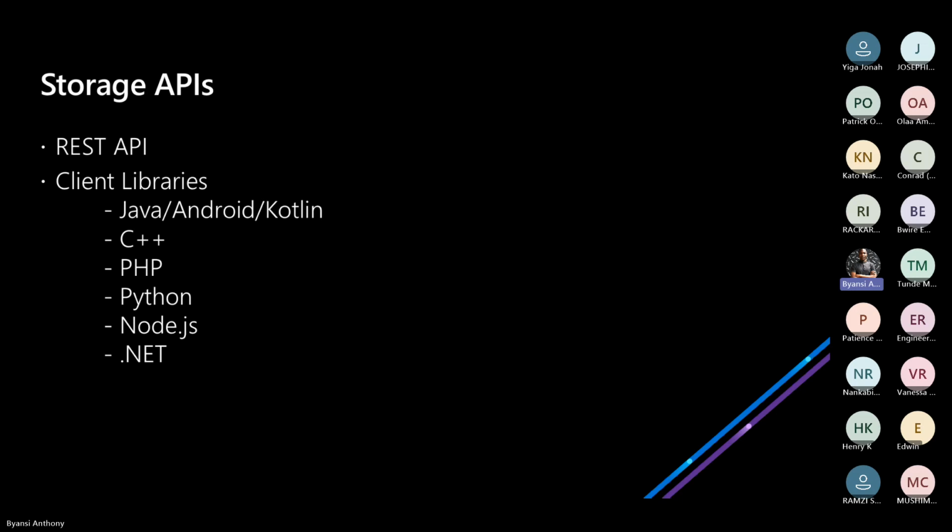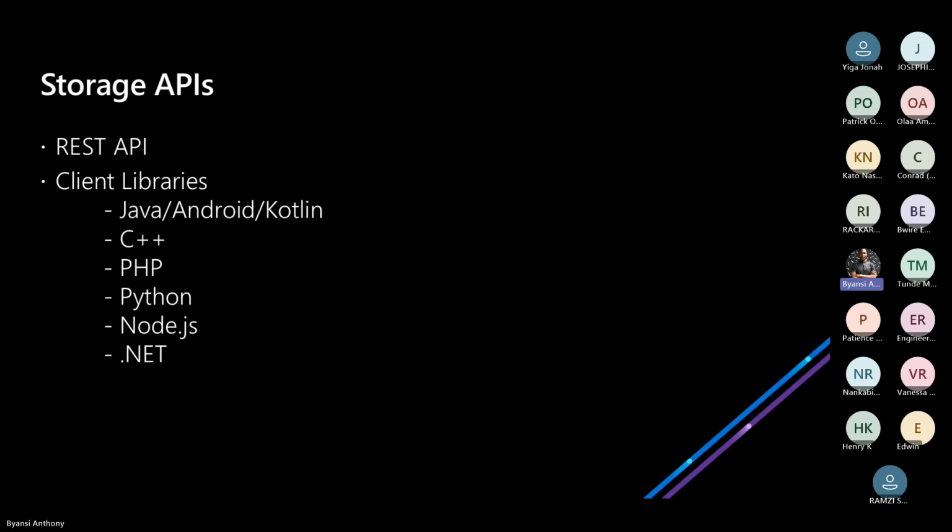When you're developing an application, like I said earlier on, your team may consist of back-end engineers and front-end engineers. In Azure storage accounts, we have several APIs that you may use for your applications to have access to your storage accounts.